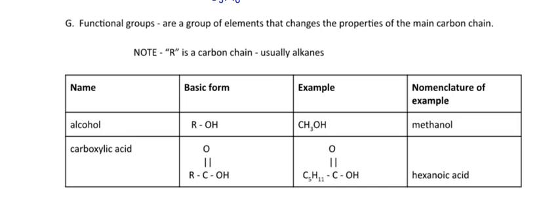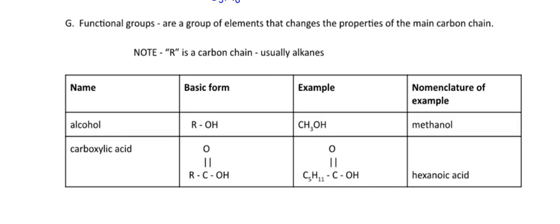So for example, my CH3OH, how do I name it? Well, how many carbons are in CH3? Just 1, so that's your meth, single bonds, and then I have the ending -ol, methanol, okay?